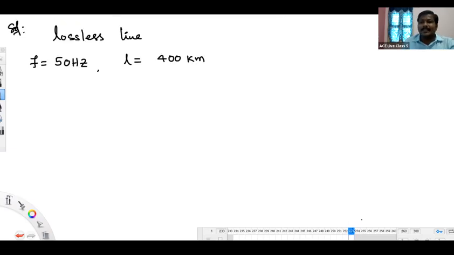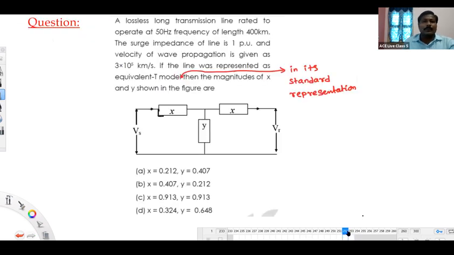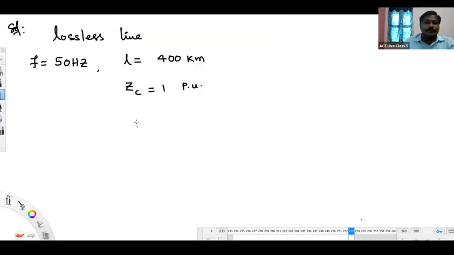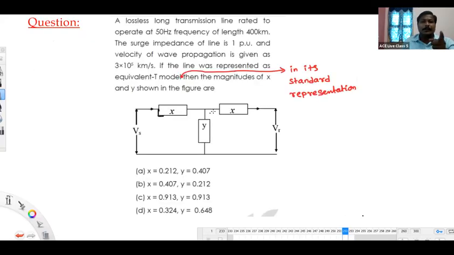Surge impedance ZC is 1 per unit. Velocity of wave propagation is 3 into 10 power 5 kilometers per second. If the line is represented as an equivalent T model, find the magnitudes of X and Y.